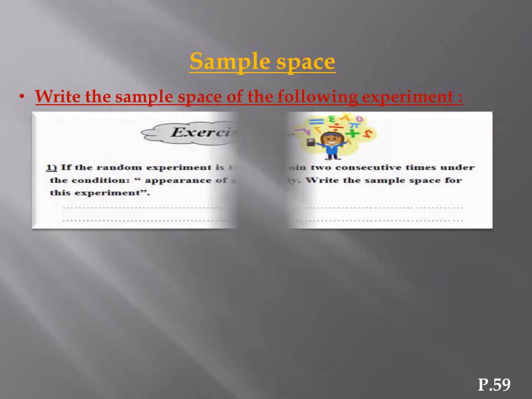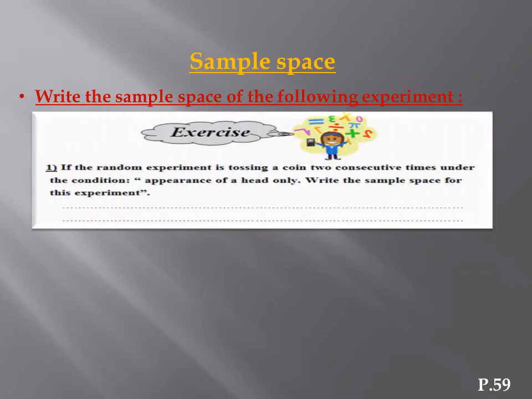Write the sample space of the following experiment. If the random experiment is tossing a coin 2 consecutive times, under the condition of the appearance of a head only, write the sample space for this experiment. The sample space will be head and head.